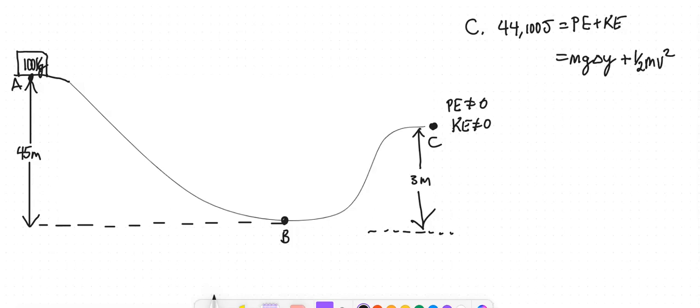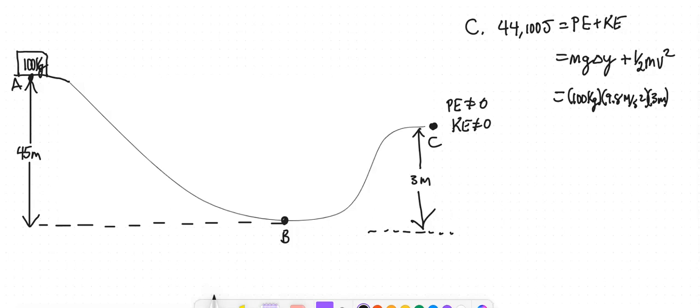So let's take a look and see what happens when we put numbers in. The mass is 100 kilograms. The acceleration due to gravity is 9.8 meters per second squared. And delta y is 3 meters.